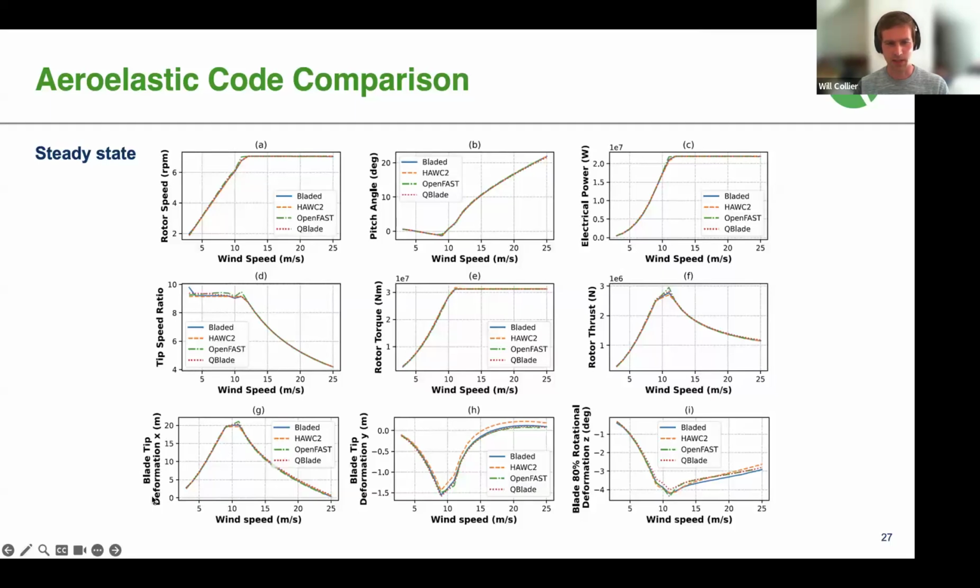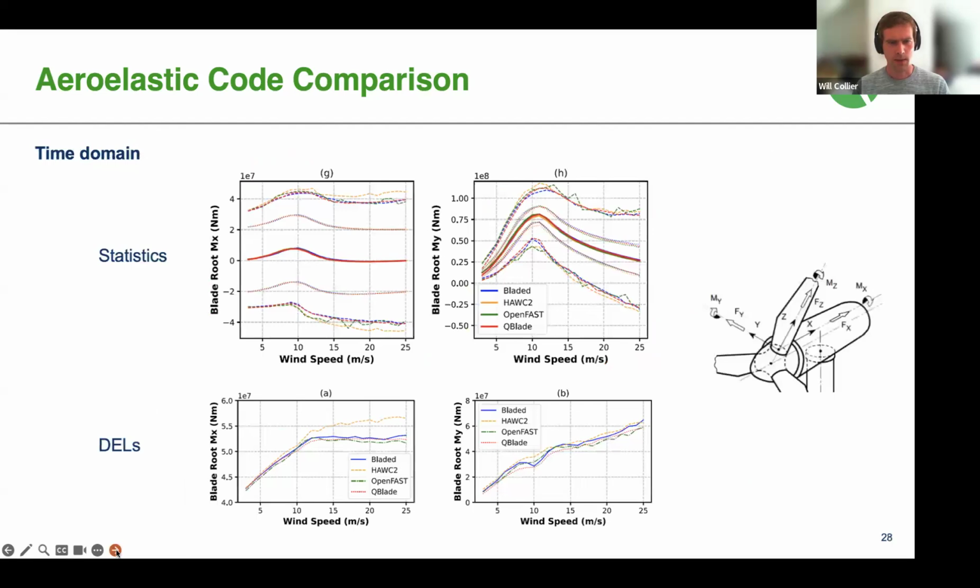And then some of the basic things like the blade deformations also agreeing well. Here's the torsion, for example, at 80% of the blade span-wise position, agreeing well between the codes. So this is a good sign that the basic parameters of the models are well aligned for this simple case.